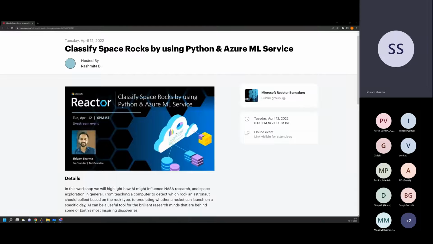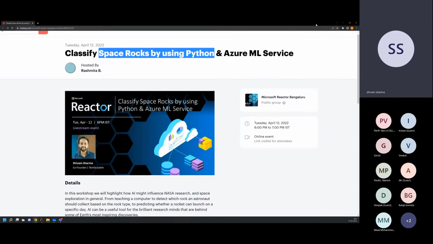Today we are going to use machine learning in a very interesting way to classify the images which are coming from space, from the data which we have collected from the various data sets provided by NASA itself and from other locations. We will be talking about how to classify these space rocks. This session is very interesting, and I'm pretty excited for it. It's different from the usual ones.